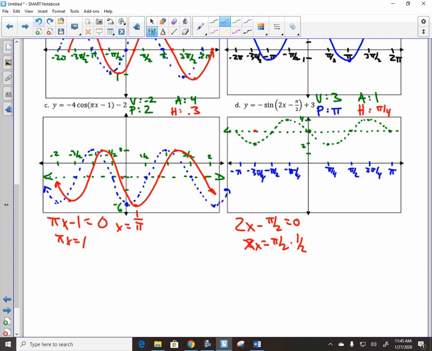One tick mark. If we were to sketch that graph on our calculator, that would be a very accurate depiction of this sine graph.